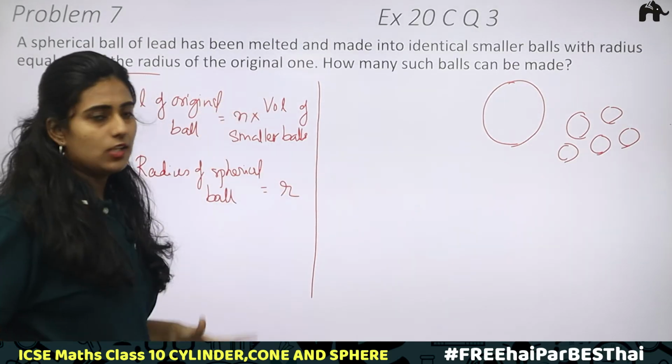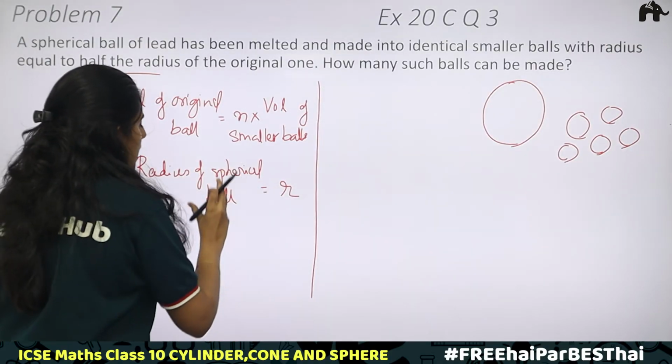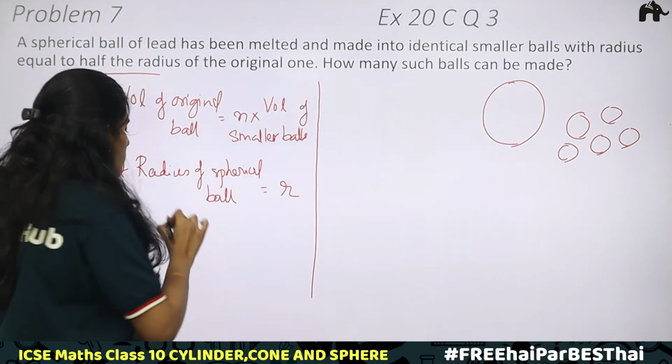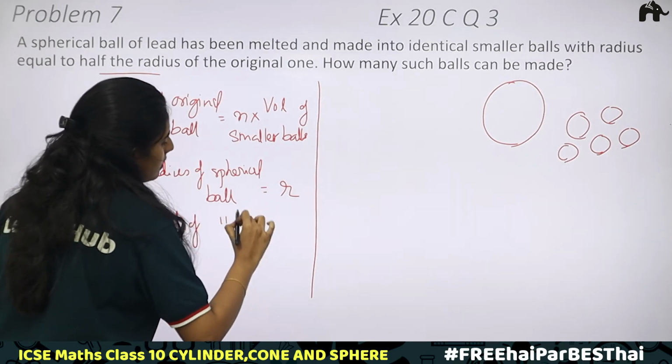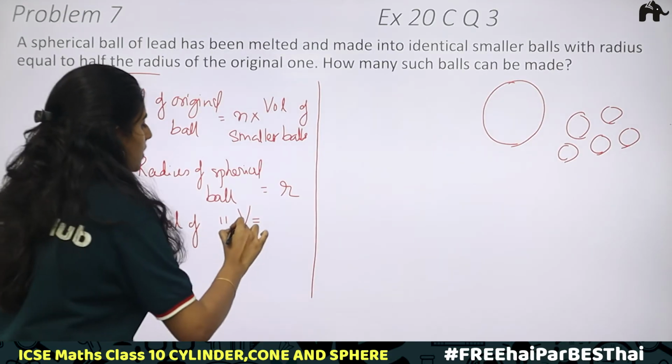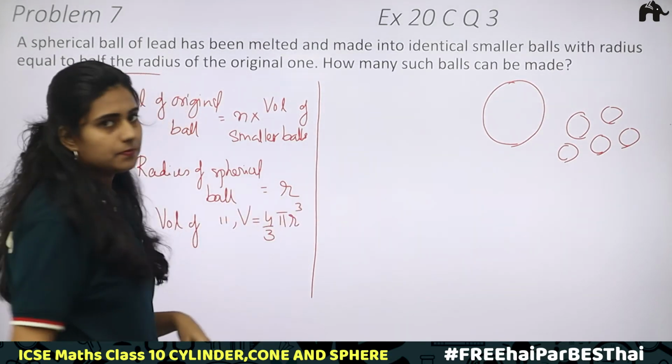We don't have any value. If the radius of the spherical ball is r, what is its volume? Volume of spherical ball V is equal to 4 by 3 pi r cube.